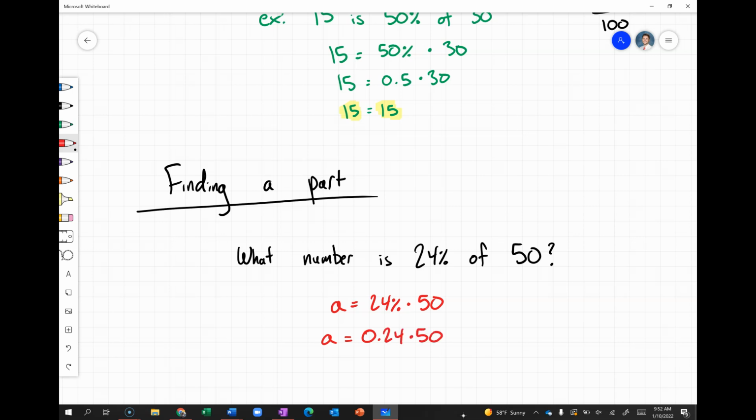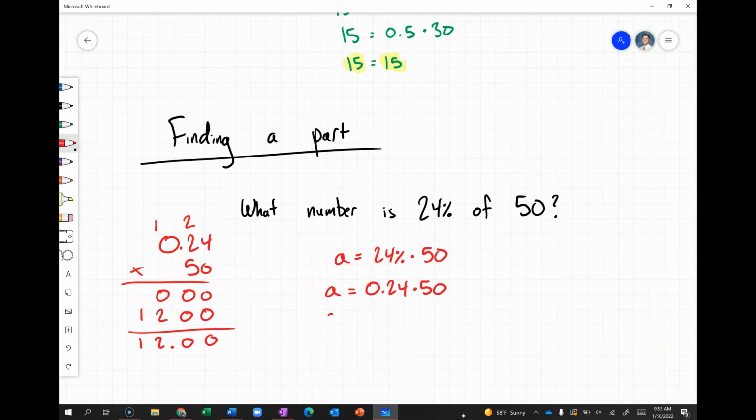And then we're just going to multiply those. 0 times 4 is 0, 0 times 2 is 0, and 0 times 0 is 0. 5 times 20, 5 times 2 is 10, plus 2 is 12, and 5 times 0 plus 1 is 1. So for this one, we get A equals 12. So 12 is 24% of 50.